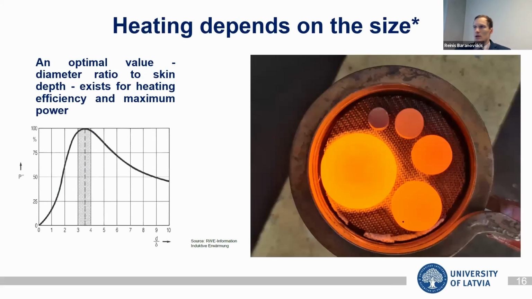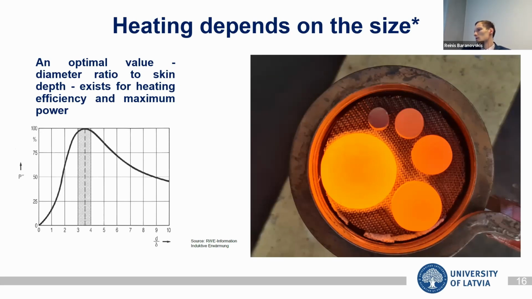There exist empirically found optimal values for how you have to adjust your frequency. It isn't the case that the higher the frequency, the better the heating. Since we have this parasitic skin effect, there is an optimum ratio of skin depth to our workpiece diameter. On the right side, I'm showing you how our coil heats steel.